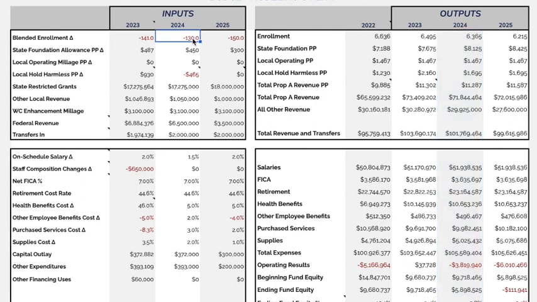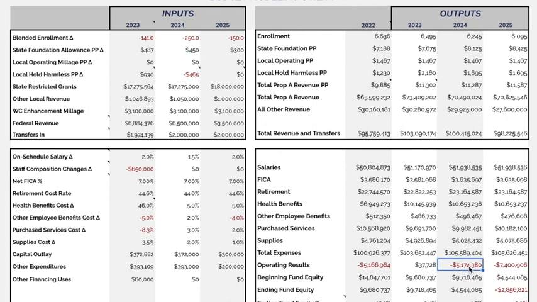In a scenario that gets worse, let's say that we have another really bad surprise in enrollment. Instead of losing 130 students, let's say we lost 250, just to give you an example. The $3.8 million operating deficit would become, boom, 5.17 million, so 5.2 million.